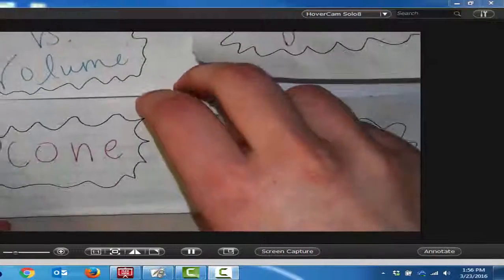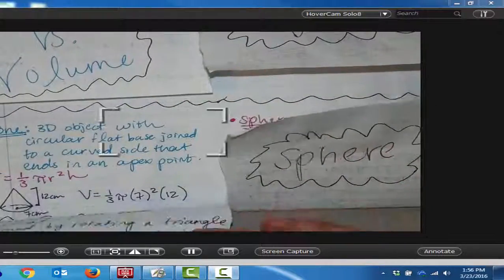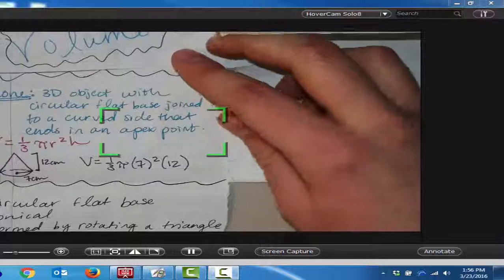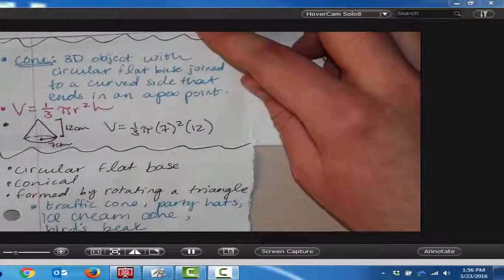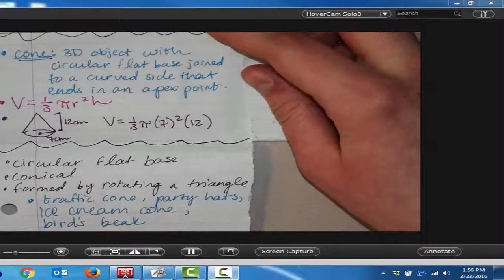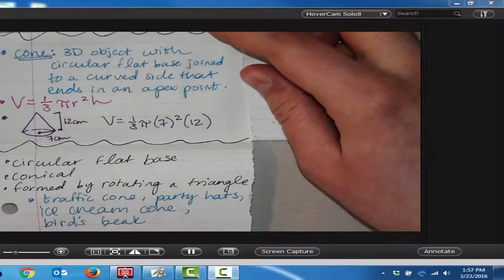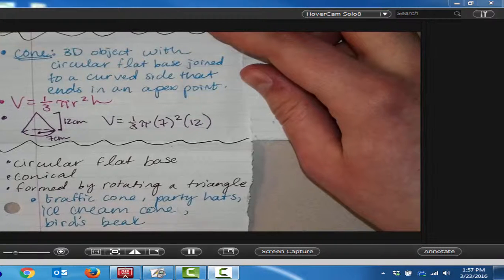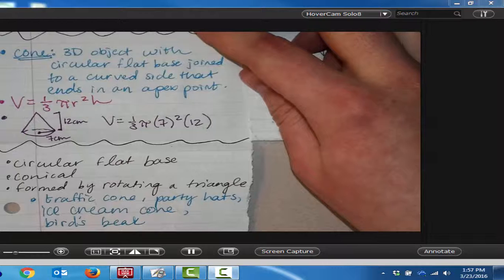Alright, so we're moving right along to the cone. I'm going to open this up, and the definition of a cone is a 3D object with a circular flat base joined to a curved side that ends in an apex point. Now, I understand that's a little wordy, so I want you guys to just fix that however helps you best understand it.